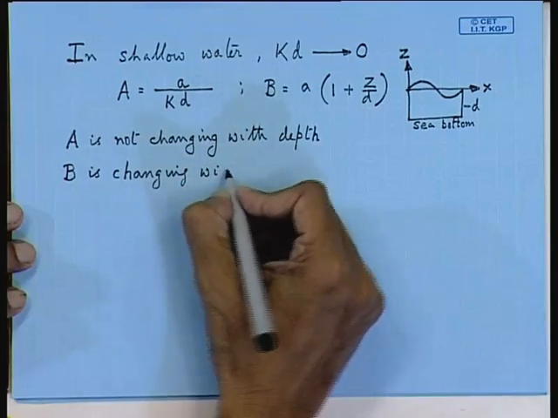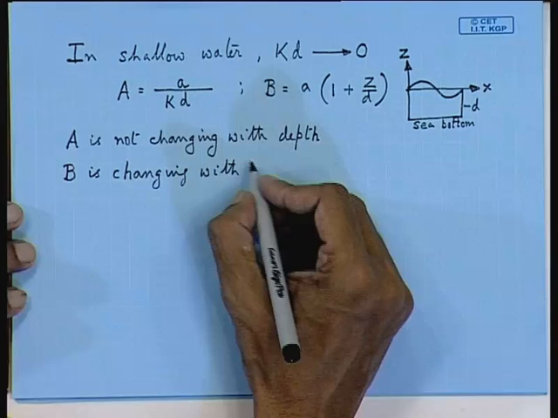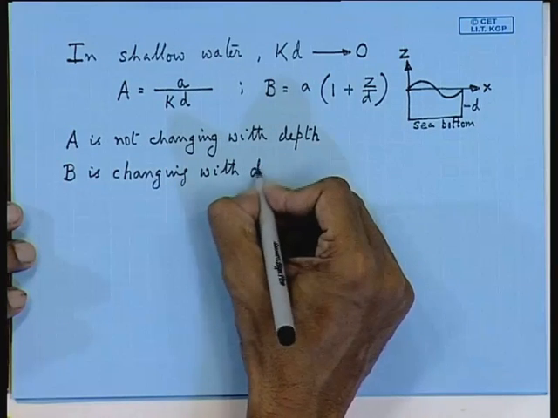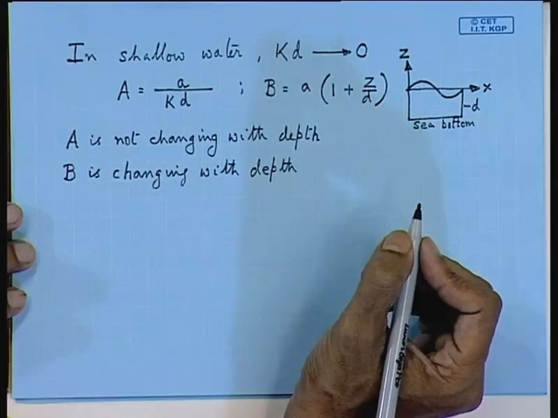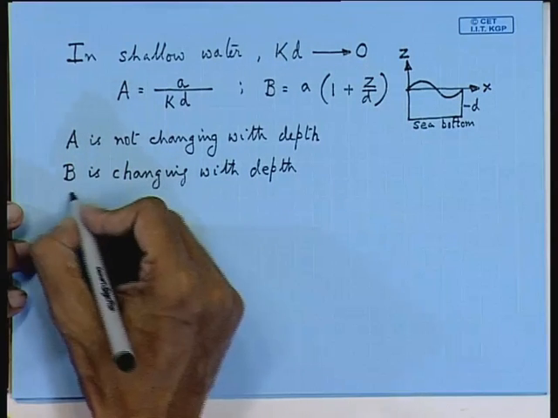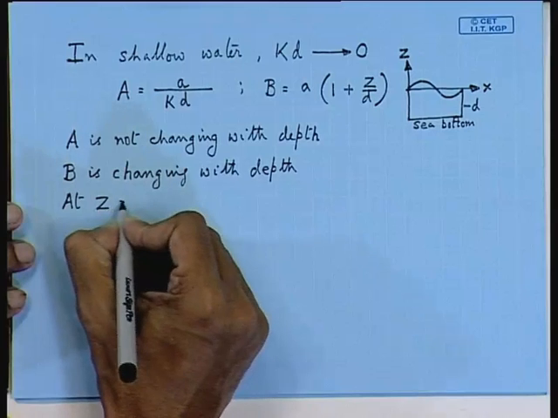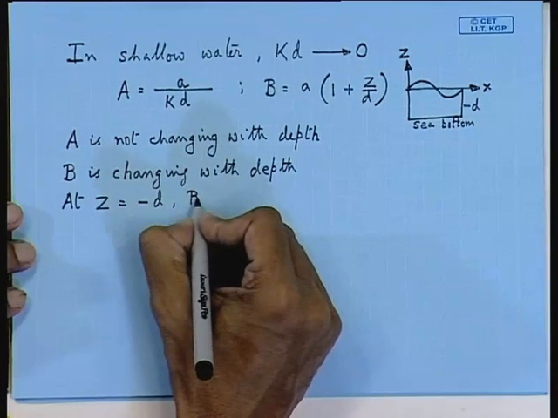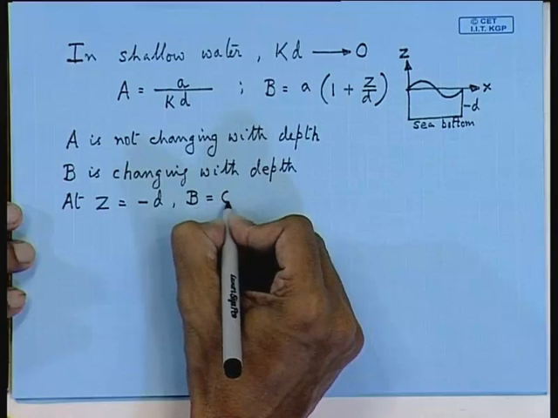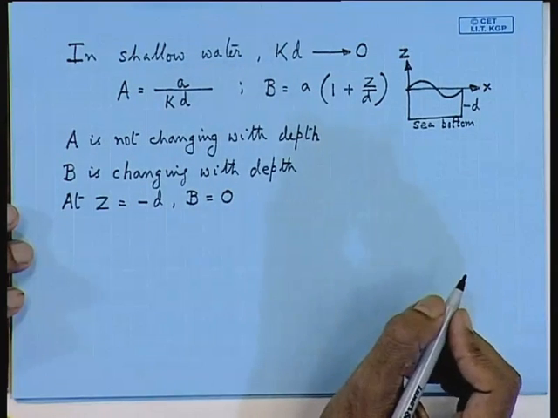Now, you tell me what is the value of B at z equal to minus d. At z equals minus d, B is equal to 0. So, there is no vertical axis.